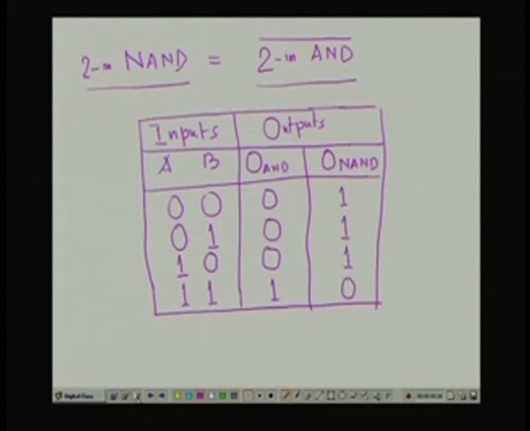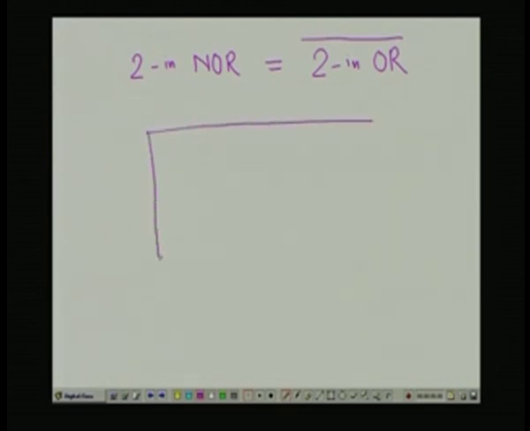Similarly, I can get the NOR, because the 2 input NOR is nothing but the 2 input OR complemented. In a similar way, I can draw the truth table.